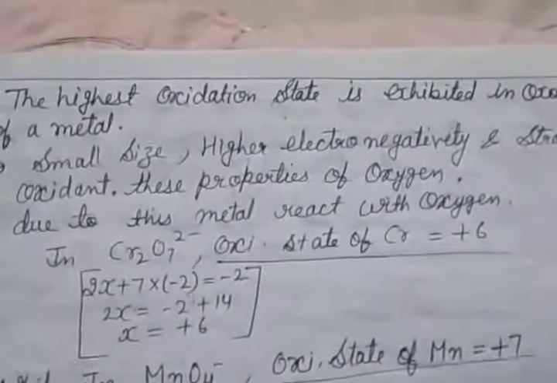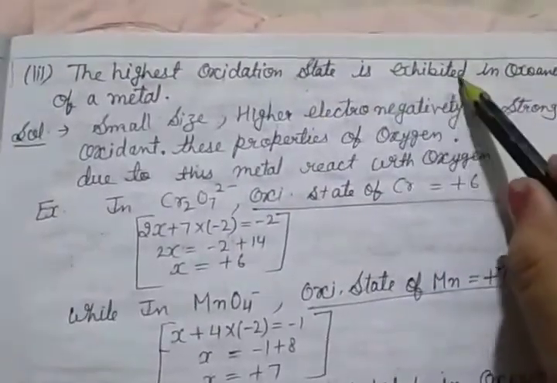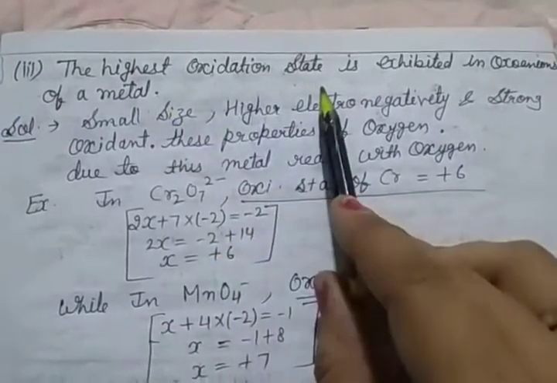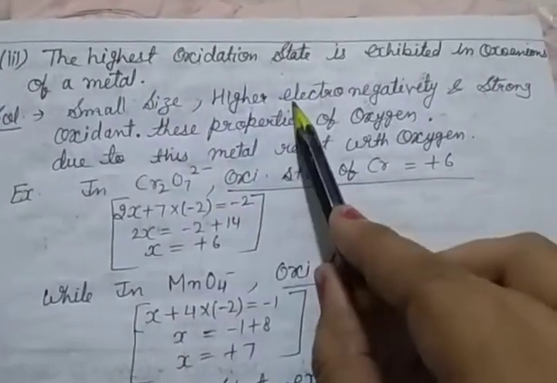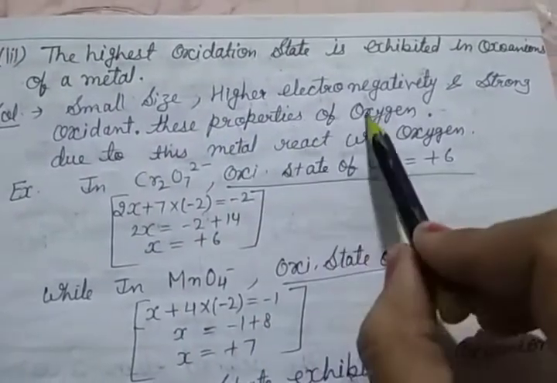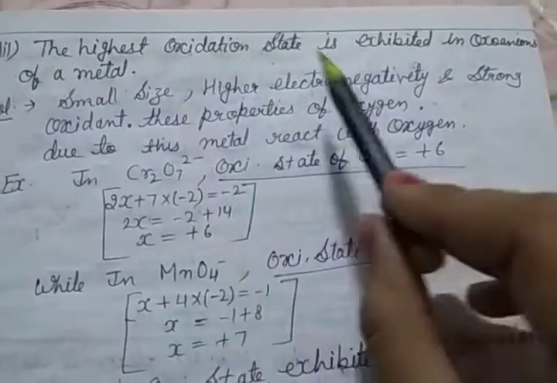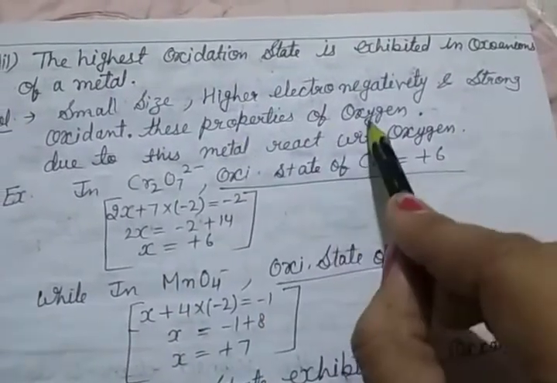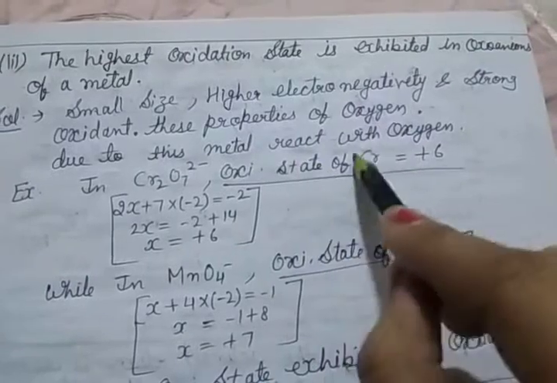Next question: the highest oxidation state is exhibited in oxoanions of the metal. Oxygen has small size, high electronegativity and is a strong oxidant. These are properties of oxygen, and due to them the metal reacts with oxygen.